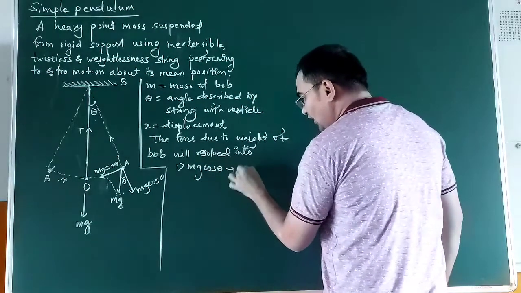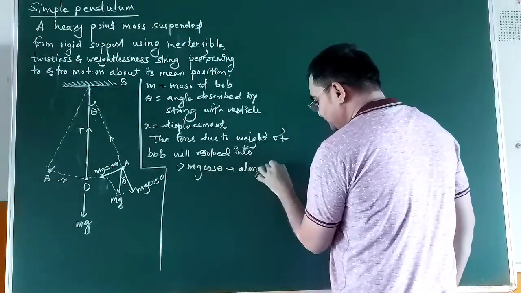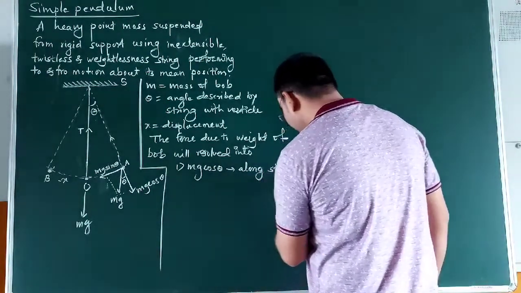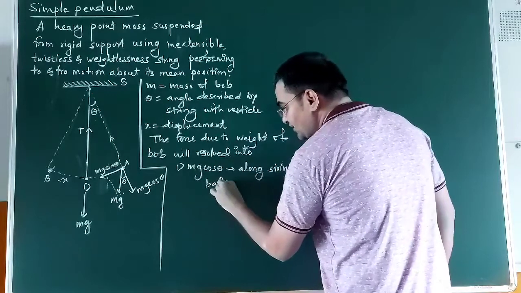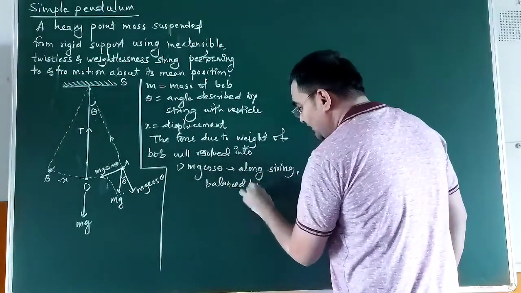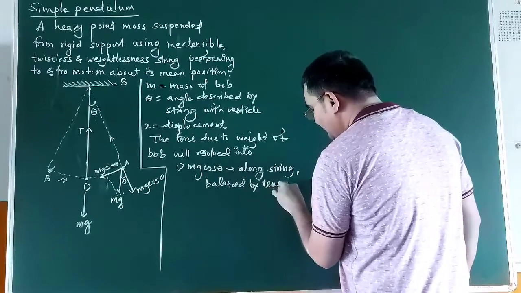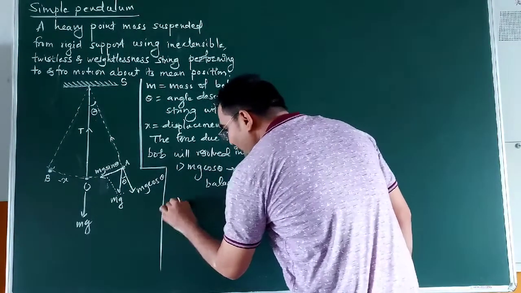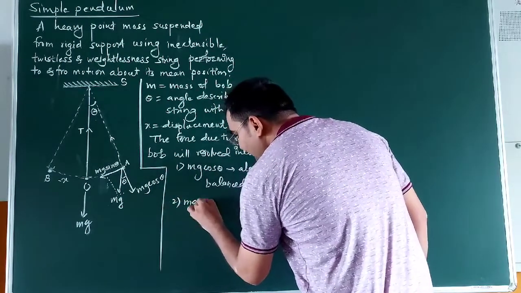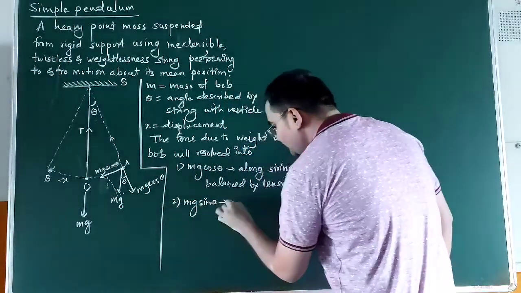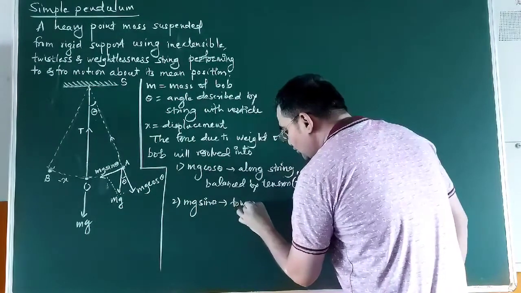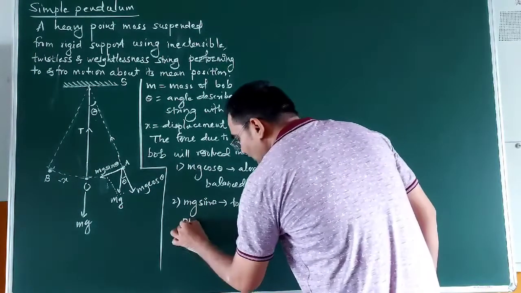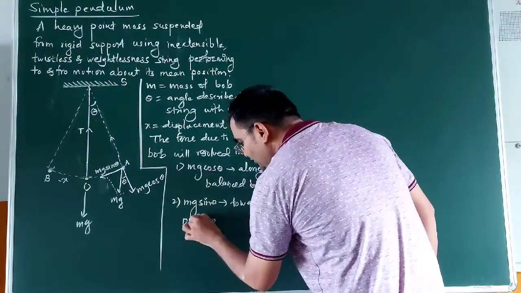It is along the string, and as you can see, it is balanced by the tension acting on the string, let us indicate it by capital T. The second component is mg sin theta, which is acting towards the mean position.